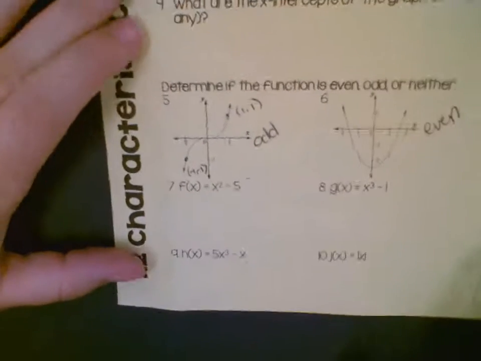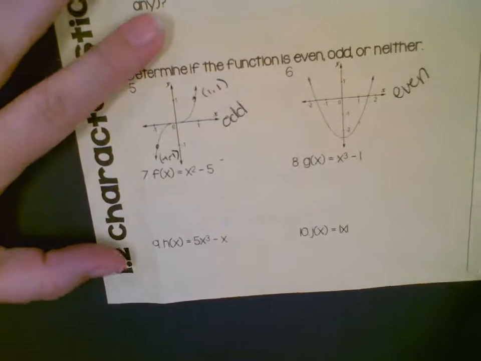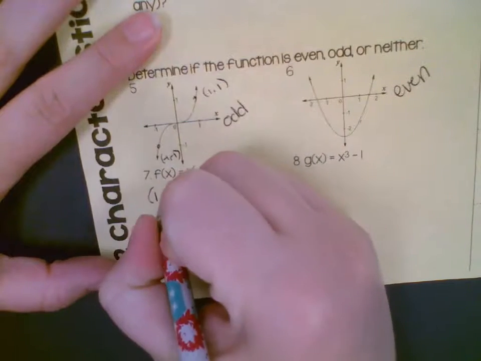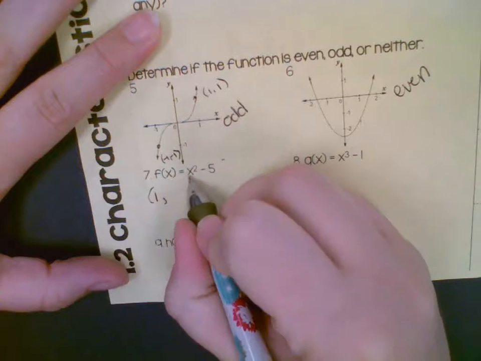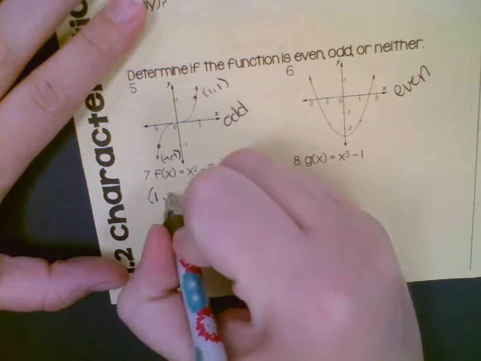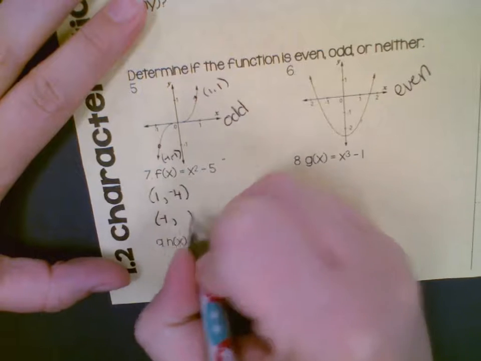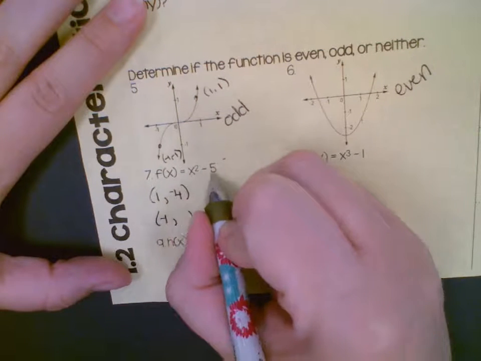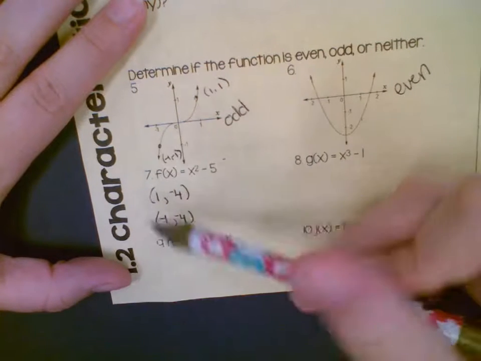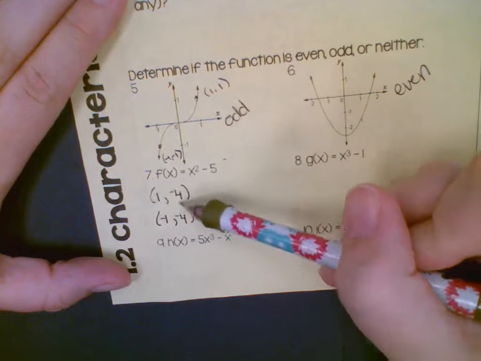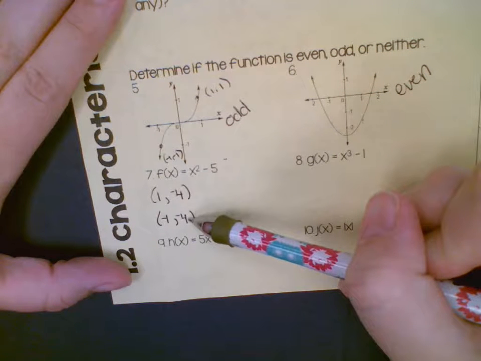So I always just do 1, because that's the easiest. So if I plug in 1, I'd have 1 squared minus 5, so that'd be negative 4. If I plug in negative 1, negative 1 squared is 1, so 1 minus 5 is negative 4. So when my x values become opposite, the y values stayed the same.